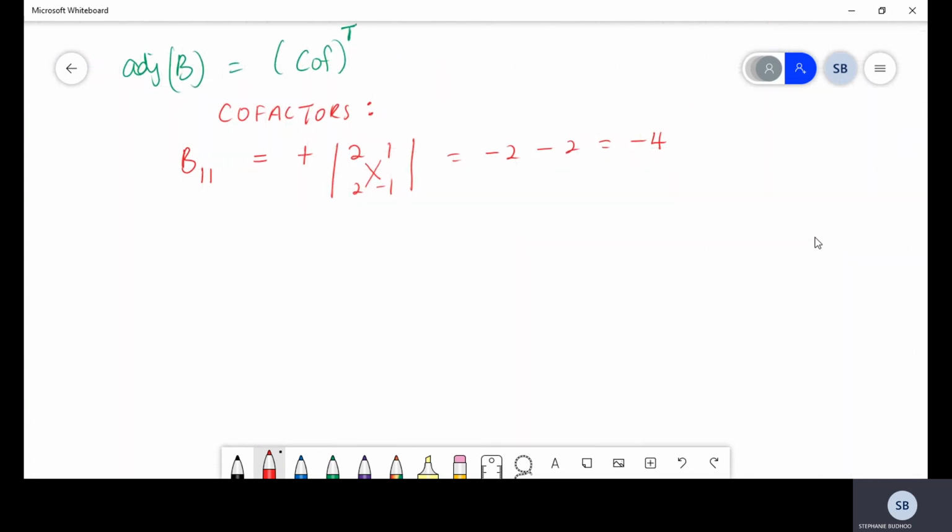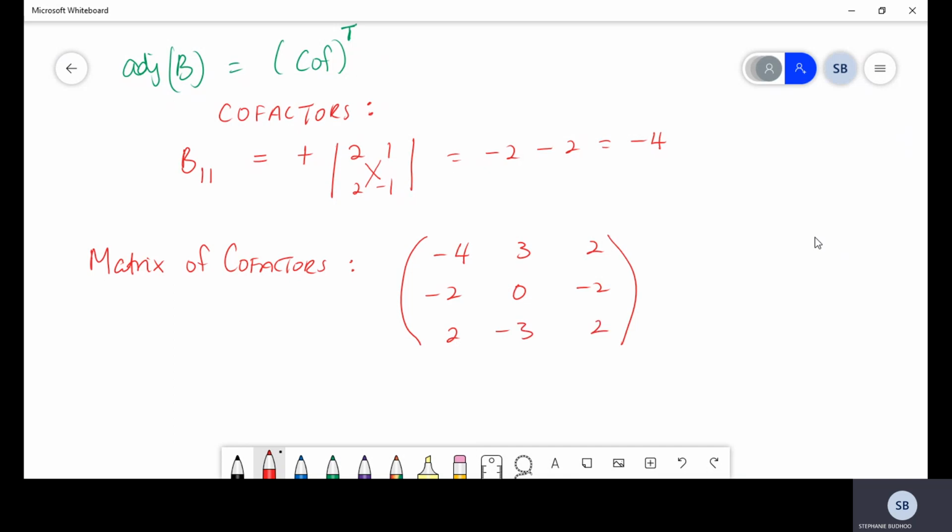Now, you guys can go ahead and work, and I will tell you that eventually, for this question, the matrix of cofactors, when you generate the values from B11 all the way down till the last one, works out to be -4, 3, 2, -2, 0, -2, and finally 2, -3, and 2. Now that's just the matrix of the cofactors.